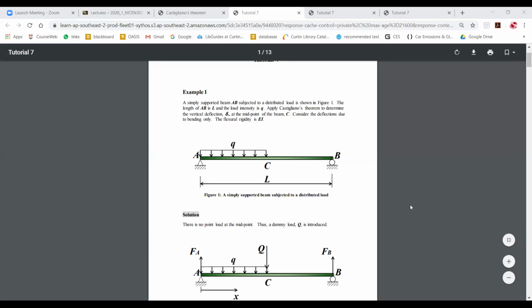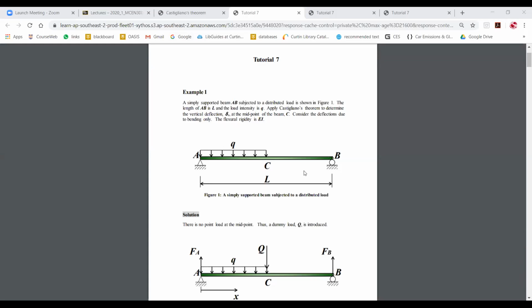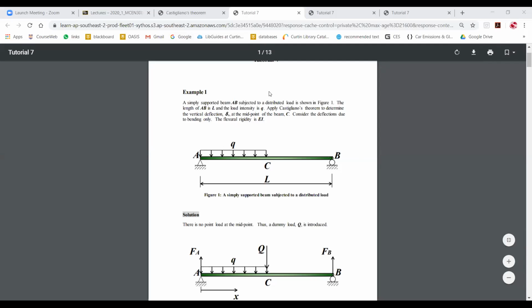So do you have any questions about example number one? Sometimes you didn't try this one, but when you read it, can you recognize any problem? Can you deal with these questions without any problem? I think it's not a big deal.